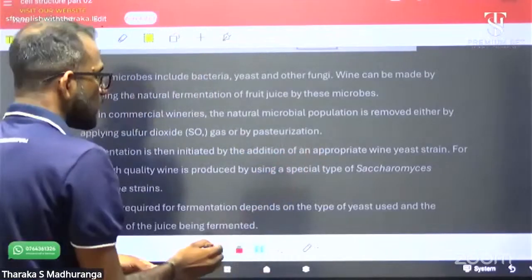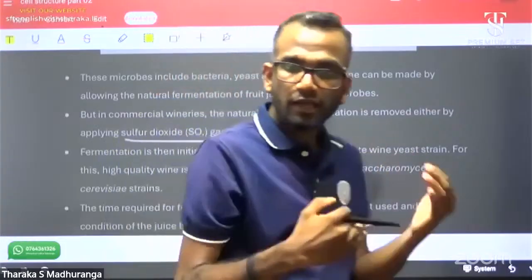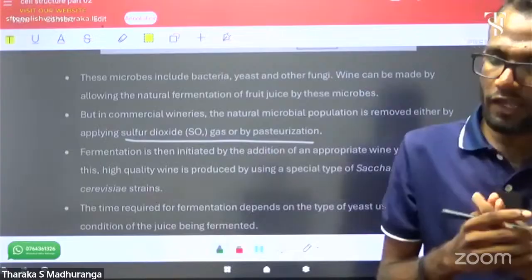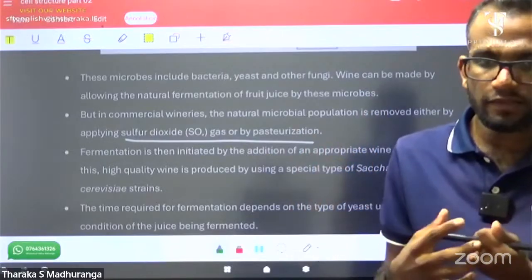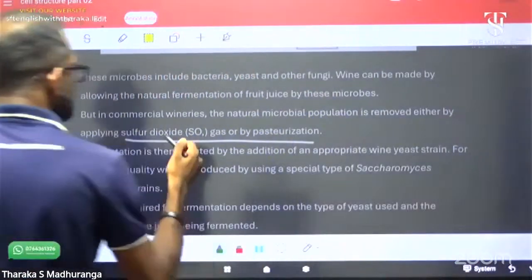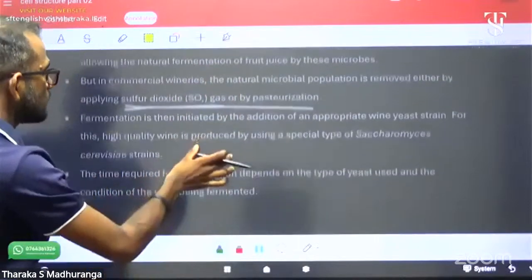We let this juice flow through a sulfur dioxide mixture. Sulfur dioxide is a pasteurizing gas. The sulfur dioxide is toxic to microorganisms, so it achieves pasteurization.